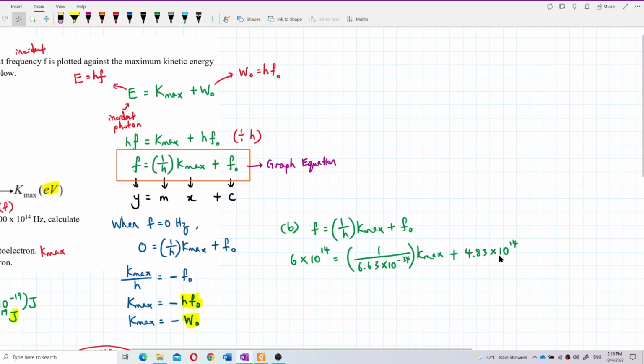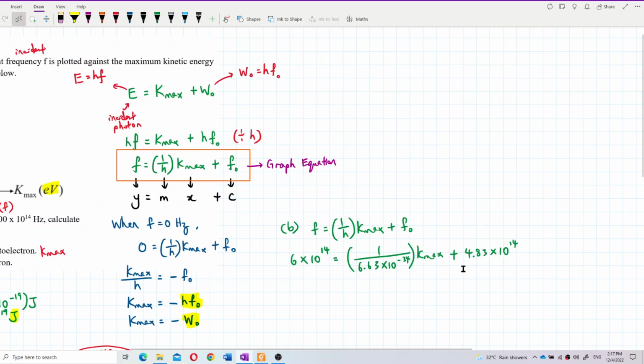So I can find my Kmax. Let's do it. 6 exponent 14 plus this 4.83 exponent 14. Wait, this one goes to the other side, should be minus.